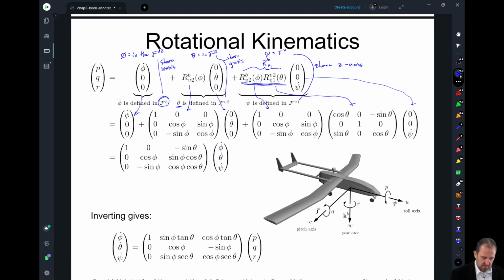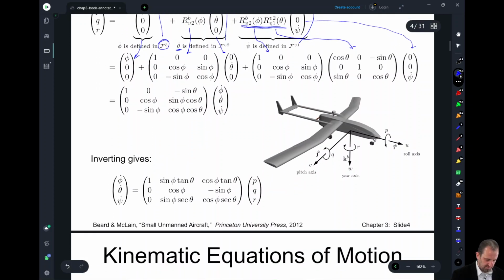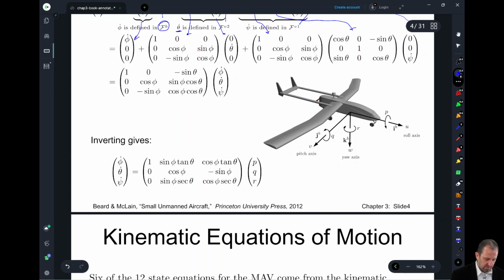So we do some algebra and we're left over with this matrix, which almost looks like it could be a rotation matrix, except it has a non-zero component there. So it's not a rotation matrix at all. But the great thing about this matrix, and you can kind of tell that from the diagonal, is that it is invertible.